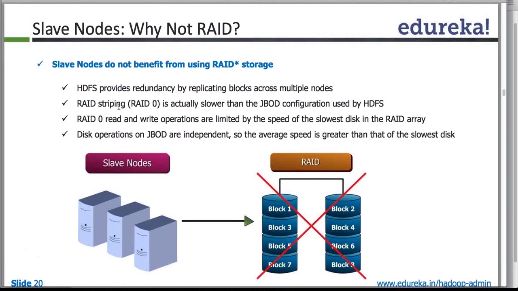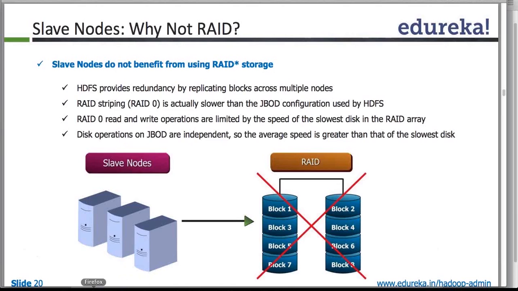Okay, now we will not use RAID on slave because we know redundancy is 3, replication is 3. Also, I will be wasting a lot of space. If I start using RAID on a data node and again do replication there, I will be wasting space.